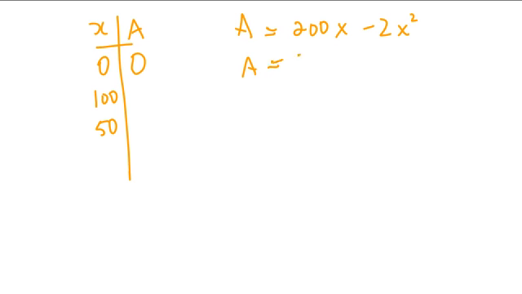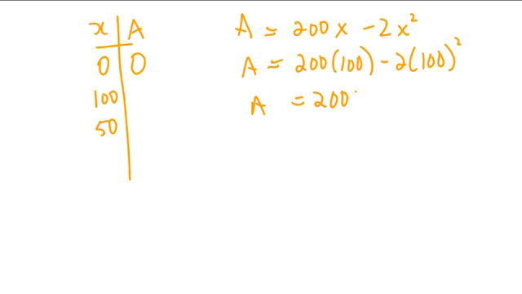So if I plug in my 100, I get 20,000 minus 20,000, which is 0. That makes sense because y is infinitely small.